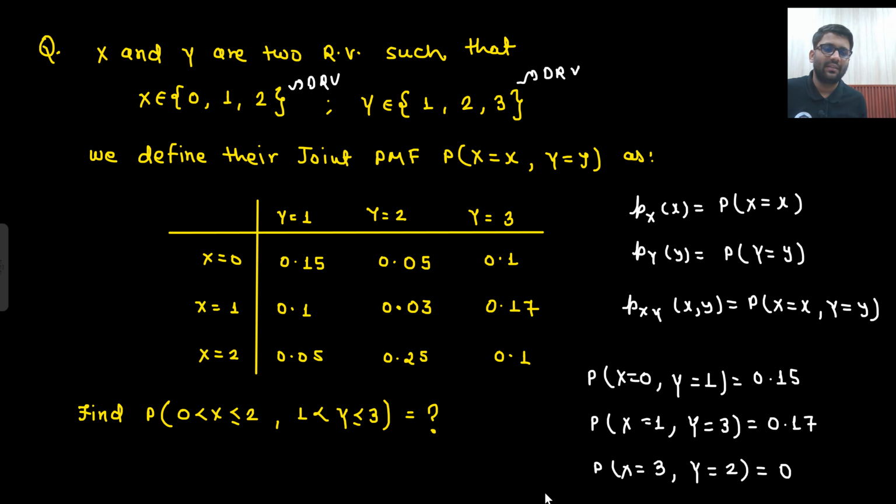Now you need to find the probability such that X takes a value between 0 and 2, excluding 0, including 2. That means X can take value 1 or 2. And Y takes a value between 1 and 3, excluding 1, including 3. That means it can take 2 or 3.